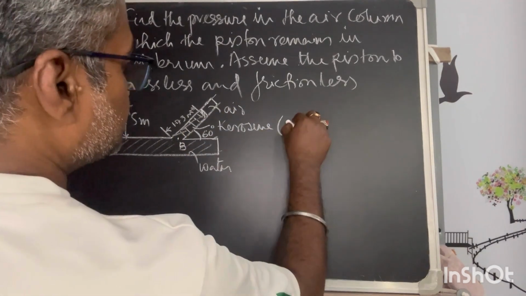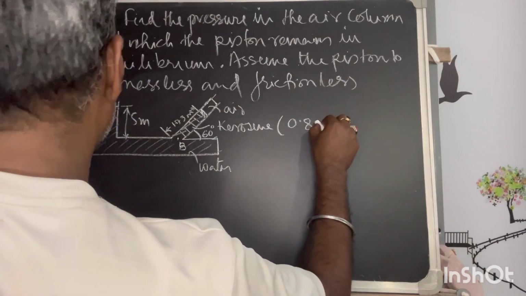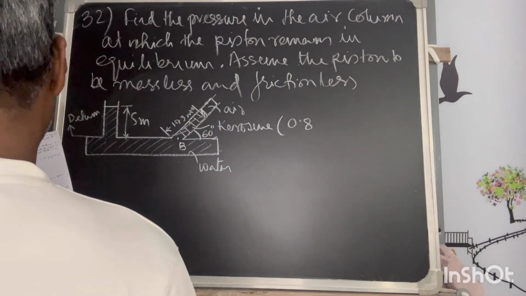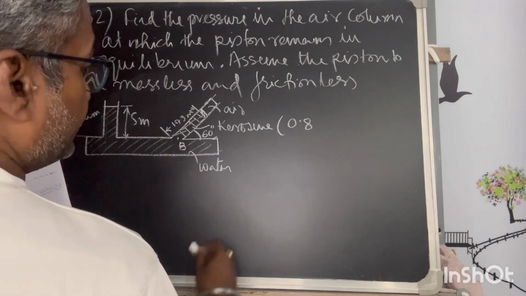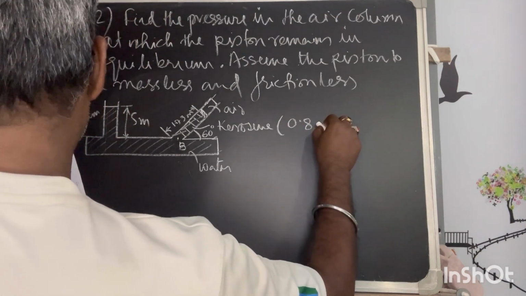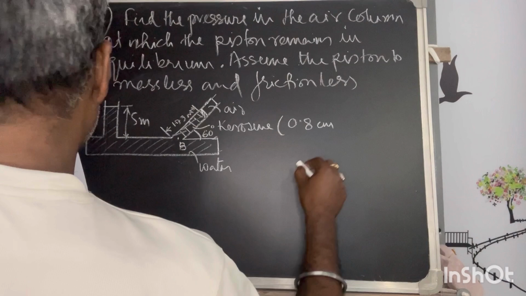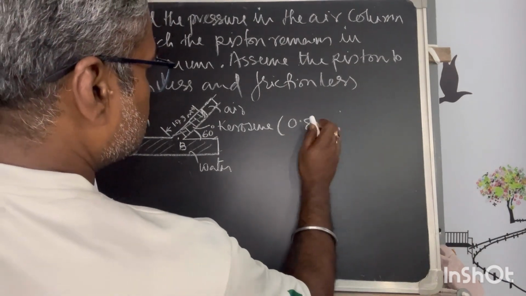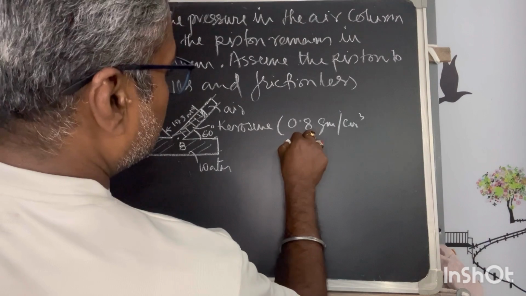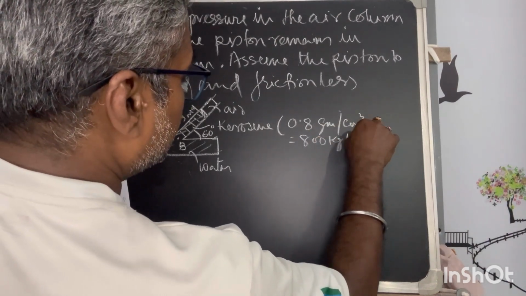The kerosene specific density is 0.8. This is the specific density given, or the density, you can say. The unit is not given, but you can understand this is gram per centimeter cube, or equivalent to 800 kg per meter cube.